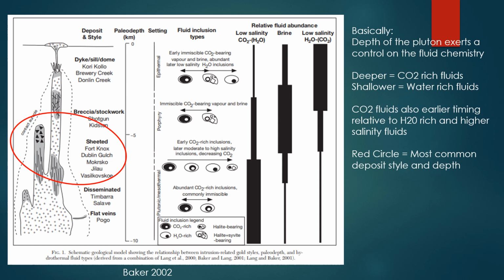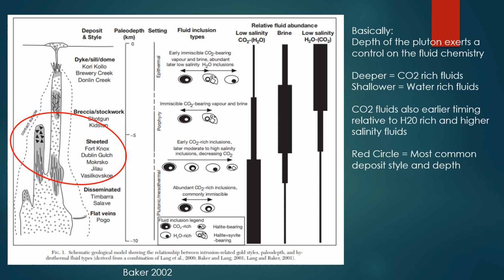So in general, we get lower salinity carbonic fluids at depth, and higher salinity water-rich fluids and brines in the shallower environment. But it's these carbonic fluids really that can take out the gold initially as what we call bisulfide complexes, and they will then destabilize with reactions in the wall rock higher up to deposit the gold. It's a little bit of chemistry there, but I won't go into much more detail.